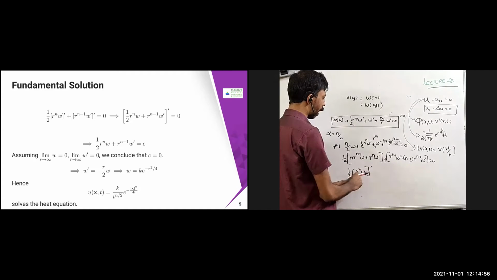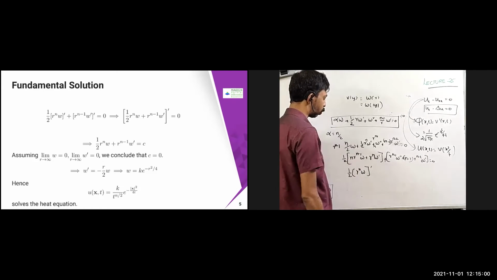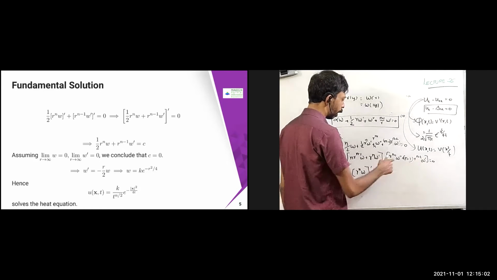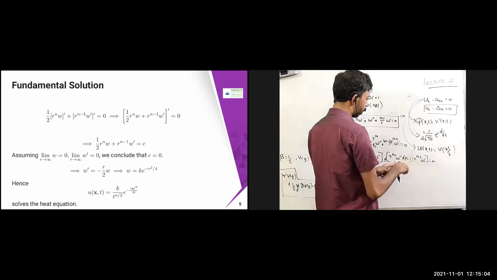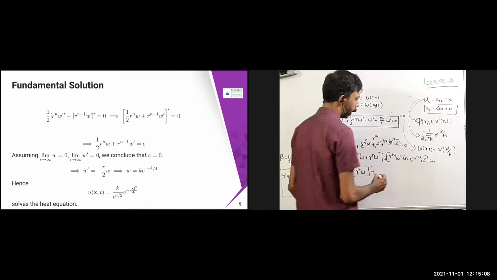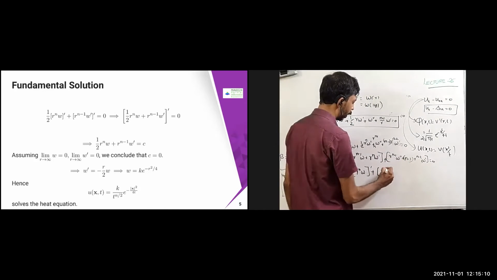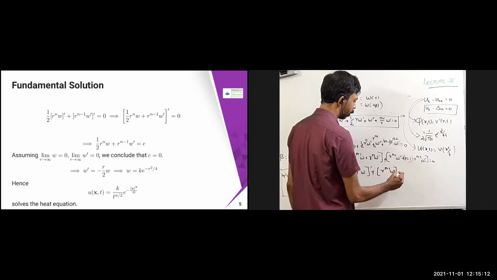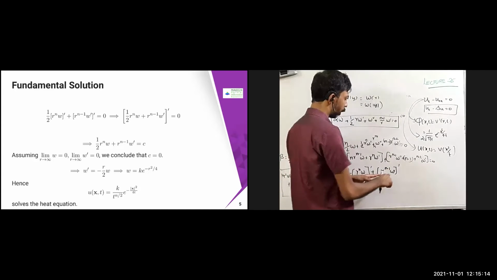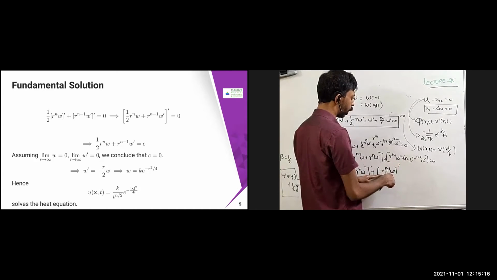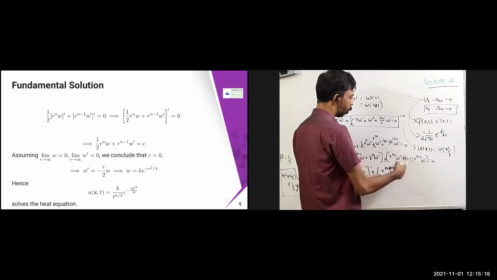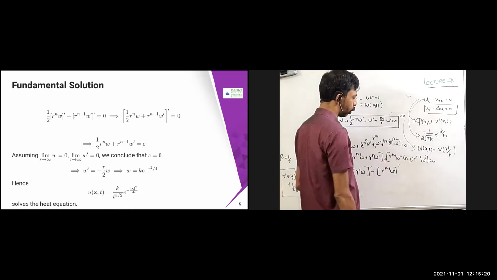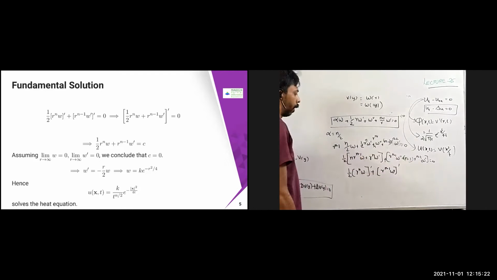So if I take the dash, R power n W dash is going to come, and then this one, if I apply, this is going to become n into R power n minus 1 W. Same way here, I'm just going to take R power n minus 1 into W dash, whole dash. So you can see that this is going to become R power n minus 1 W double dash, first one. Second one is going to become n minus 1 into R power n minus 2 into W dash. So this is going to be 0.